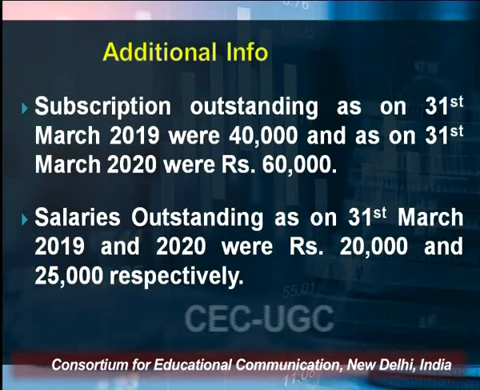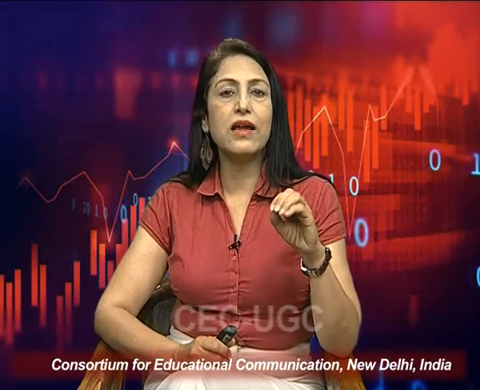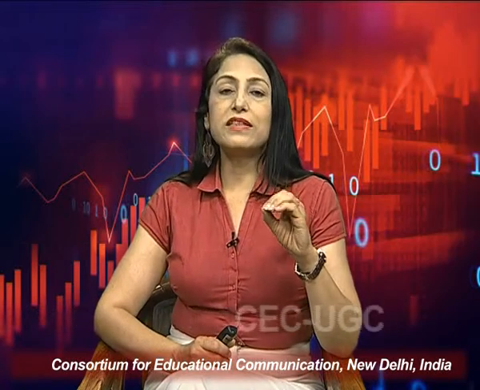As I said, dates are of utmost importance for preparing anything, either a profit and loss account for a for-profit organization or an income and expenditure account for a not-for-profit organization, as we are discussing, right? So subscription outstanding on 31st March 2019 was 40,000.